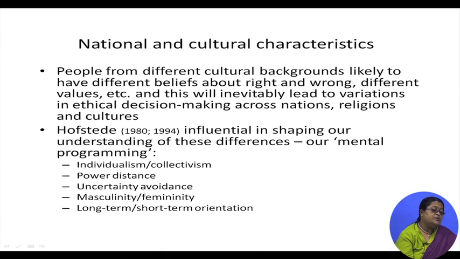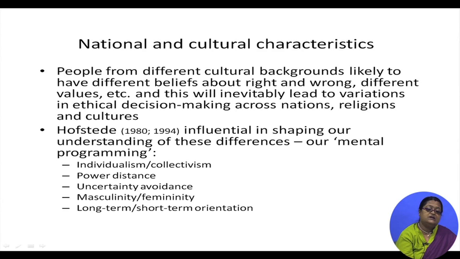According to Hofstede, the 5 major dimensions are individualism and collectivism, the level of power distance, your preference for uncertainty avoidance or tolerance, masculinity and femininity, and long term and short term orientation.